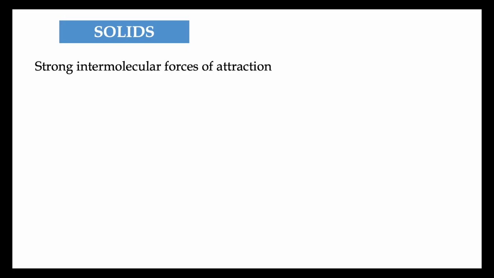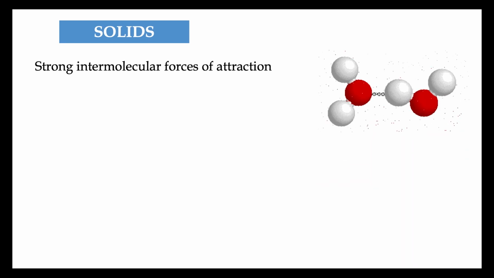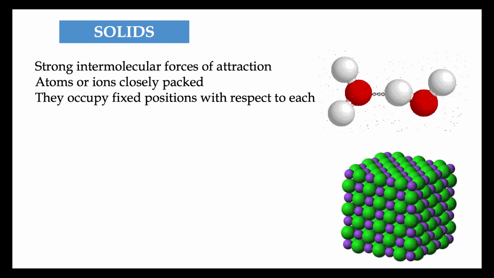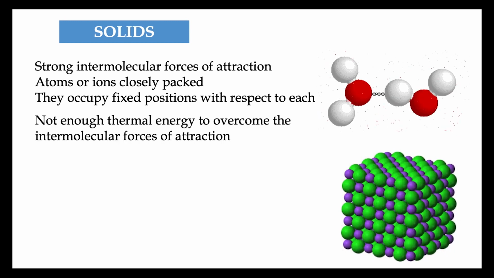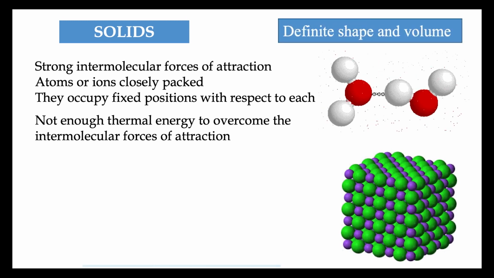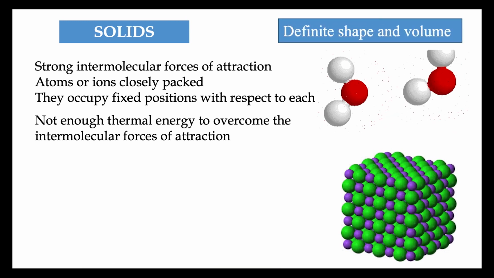In the case of solids, the constituent particles, that is atoms or ions, are held together by strong intermolecular forces of attraction, and they are closely packed. Atoms and ions occupy fixed positions with respect to each other. And if the atoms have to move away, they have to overcome these intermolecular forces of attraction.